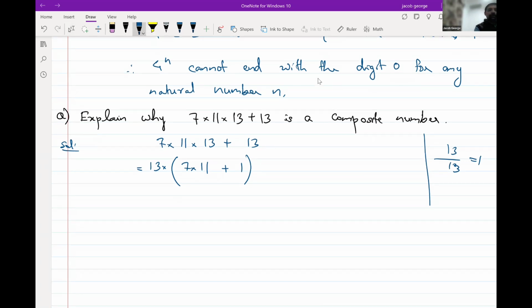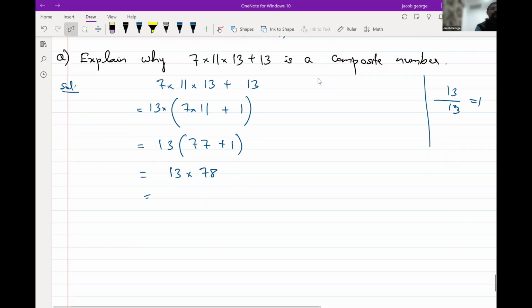Now we will simplify this. 13 into, now 7 into 11. What is 7 into 11? 77 plus 1. That is 13 into 78. Which means 13 into, now 78 we can factorize. 78 is divisible by 2.